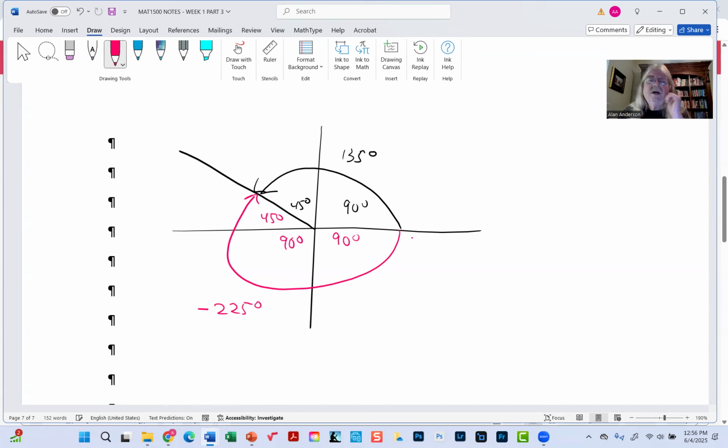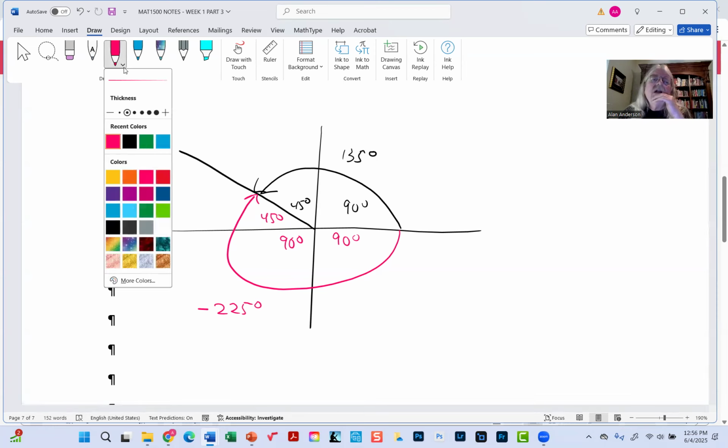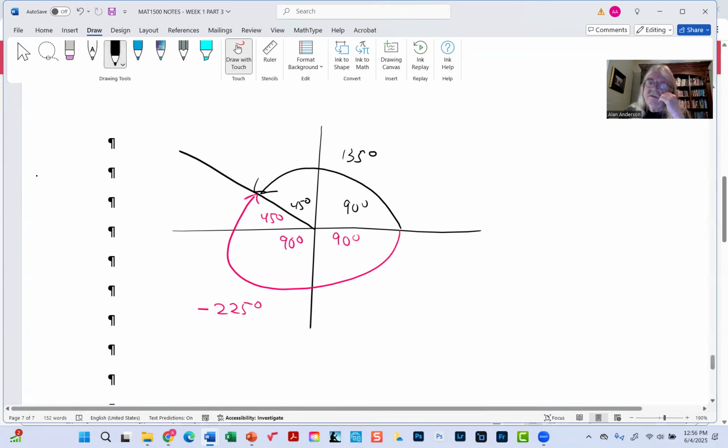So in other words, positive 135 degrees and negative 225 are the same angle because they bring us to the same location.